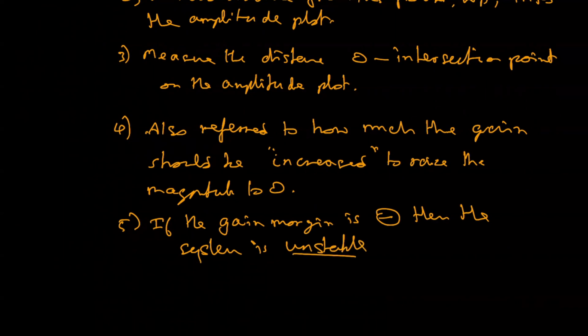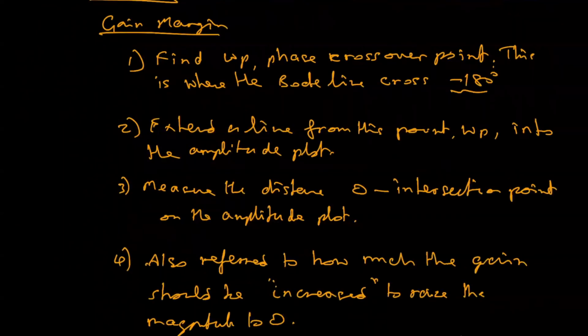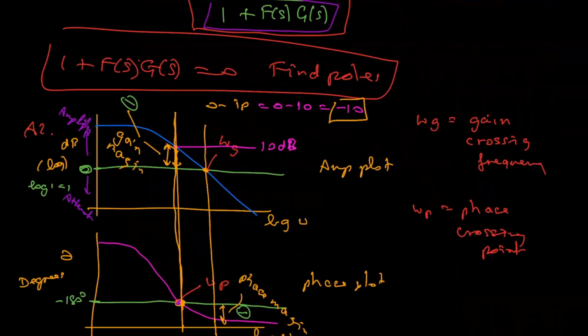What you need to do to fix it is try to drop this. Basically, you can try to pull the Bode plot in this direction. If you do, this distance gets smaller and smaller until eventually it disappears and goes underneath the green line. So you'd have to reduce the bandwidth.